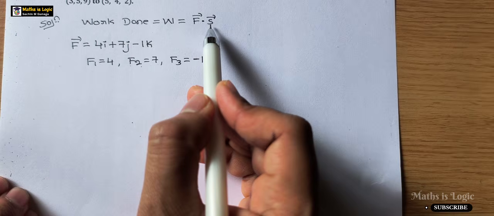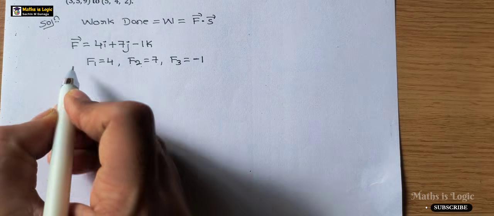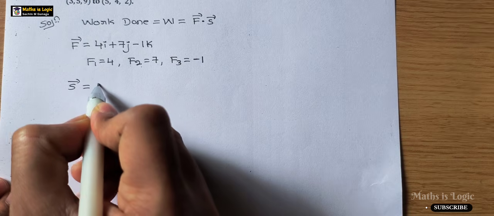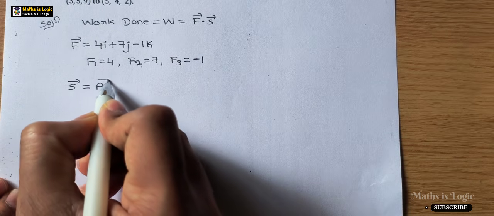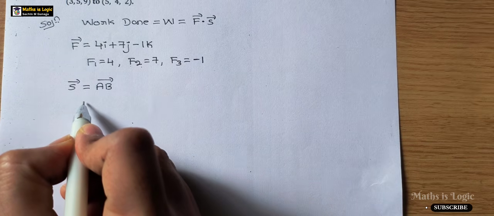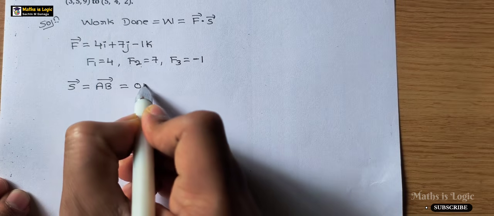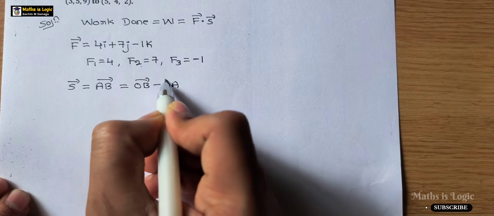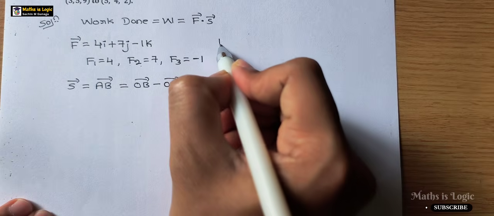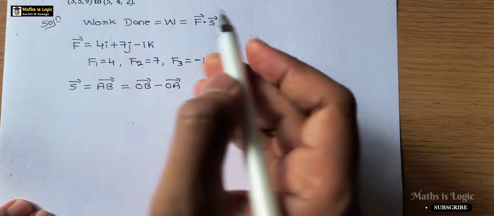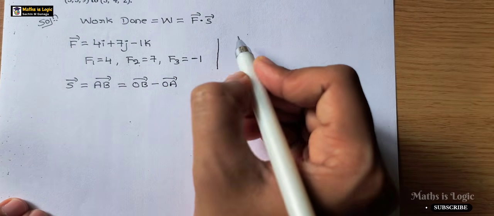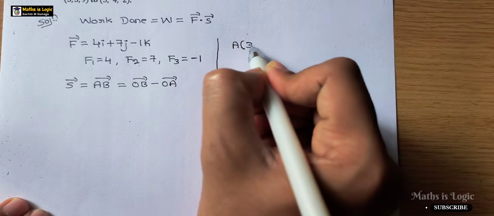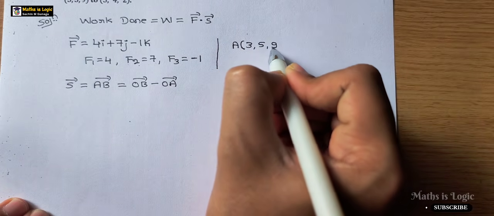Next we need the S vector. S vector is nothing but the displacement. Displacement is given by the AB vector. We know the AB vector can be given by the OB vector minus the OA vector. Therefore, consider the first point as A: what is that? 3, 5, 9.